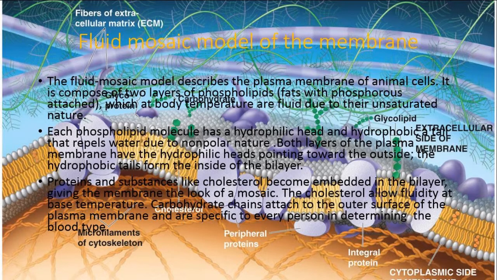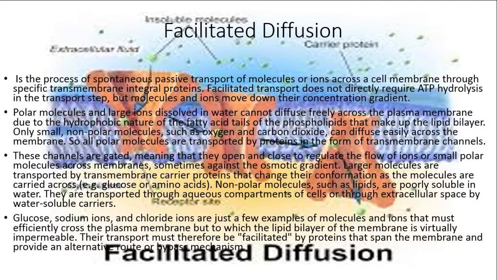So the fluid mosaic model of the cell membrane contains carbohydrates, cholesterol, proteins, transporters, and all this good stuff. So they have facilitated diffusion. Facilitated diffusion is a process of spontaneous passive transport of molecules or ions across a cell membrane through specific transmembrane integral proteins.